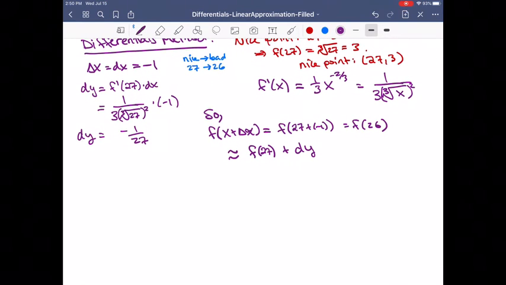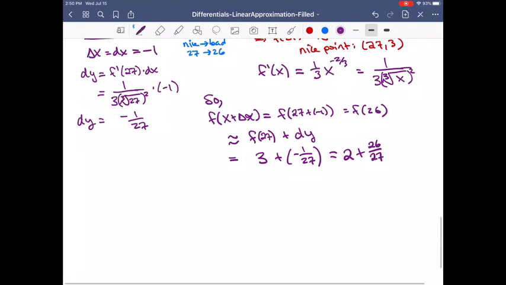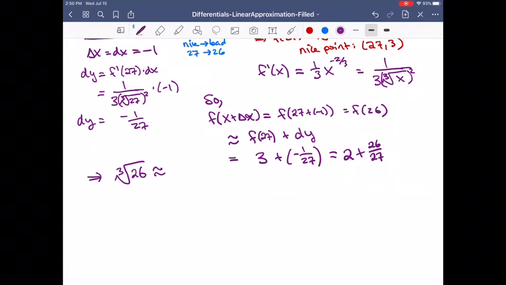So f of 27 I know is 3, plus my dy, negative 1 over 27. So I end up getting 2 plus 26 over 27. I would say that the cube root of 26 is approximately 2 plus 26 over 27. Or you could make that an improper fraction.